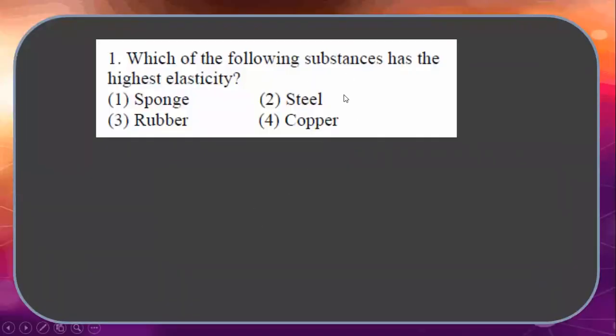Which of the following has the highest elasticity? Steel is more elastic than rubber. Which is more difficult to strain is called the more elastic body. Rubber is easily strained. That's why it is not as elastic as steel and other metals.